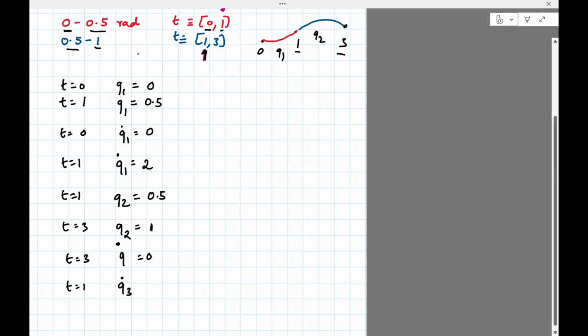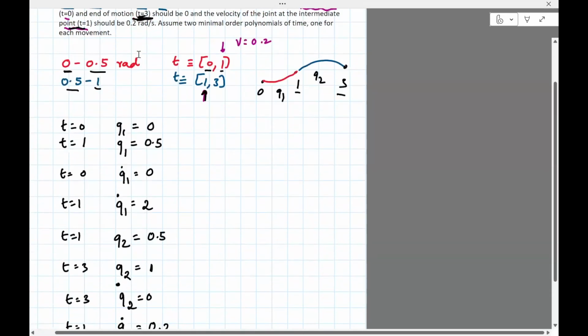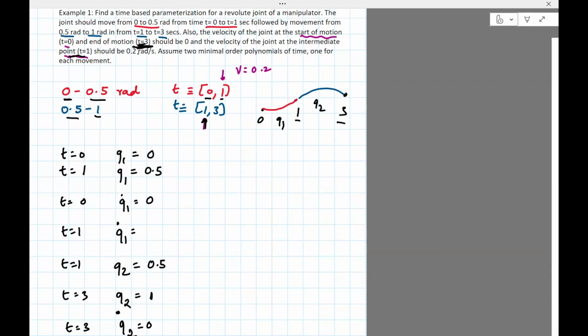There's no q3. Okay, q2 dot is 0 at the end, and q2 dot at time t equals 1, intermediate point, is 0.2. Oh, this is a mistake here. This should be 0.2, not 2.